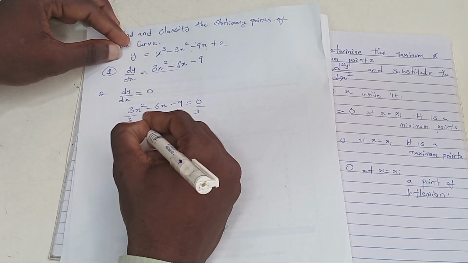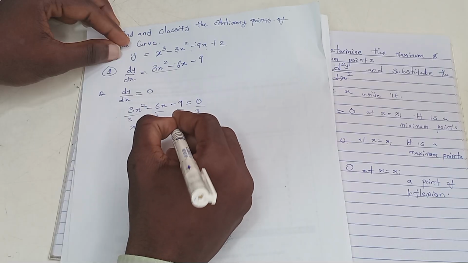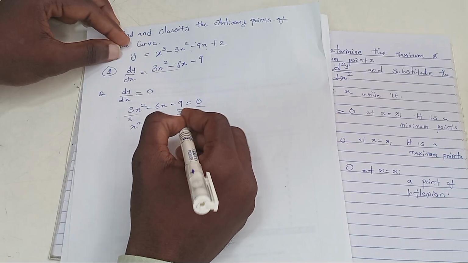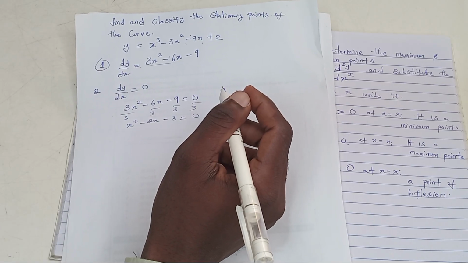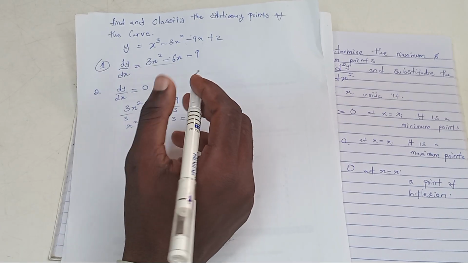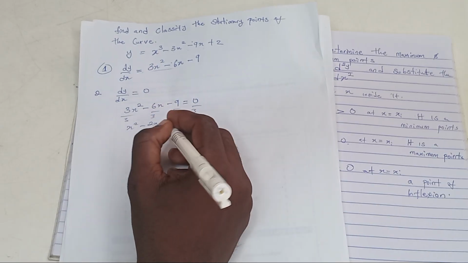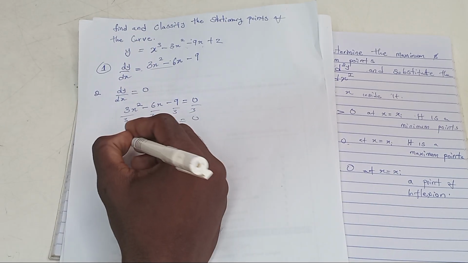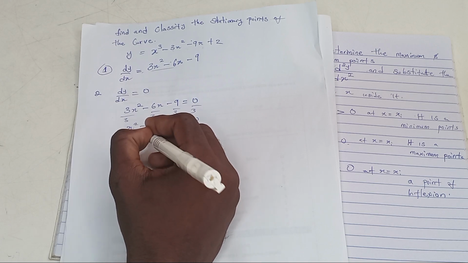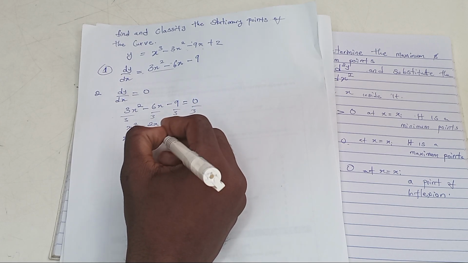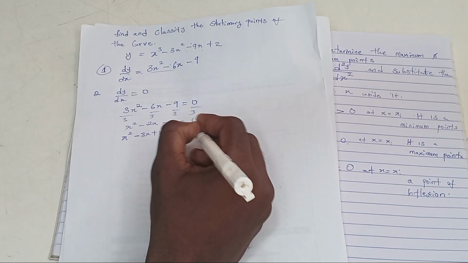We have x squared minus 2x minus 3 equals 0. Then x squared minus 3x plus x minus 3 equals 0.